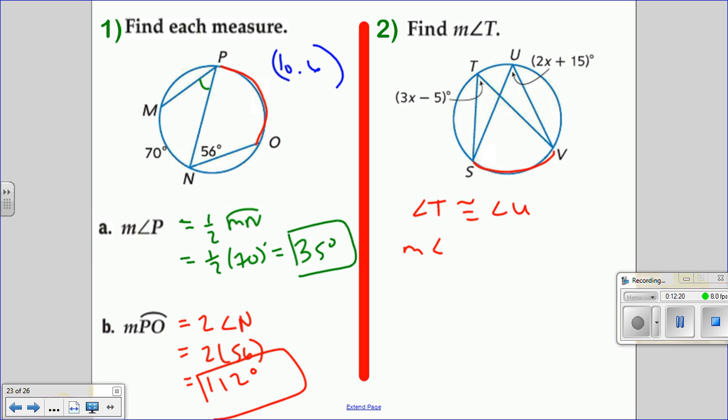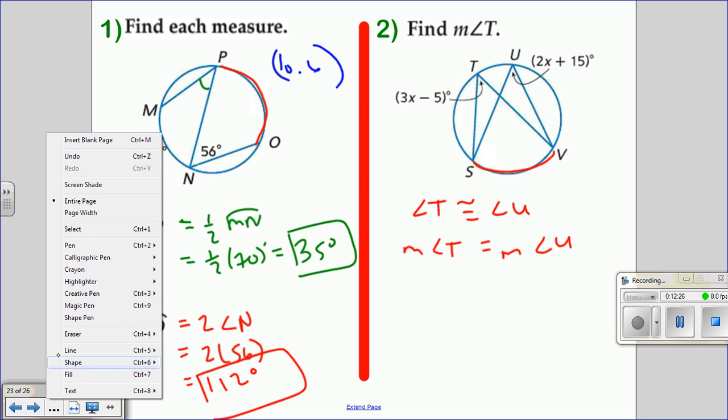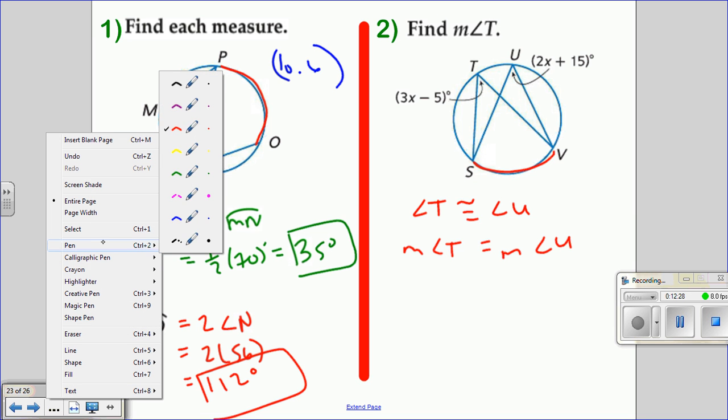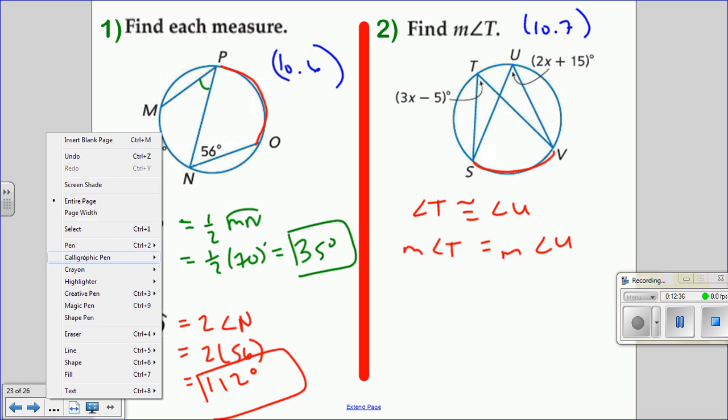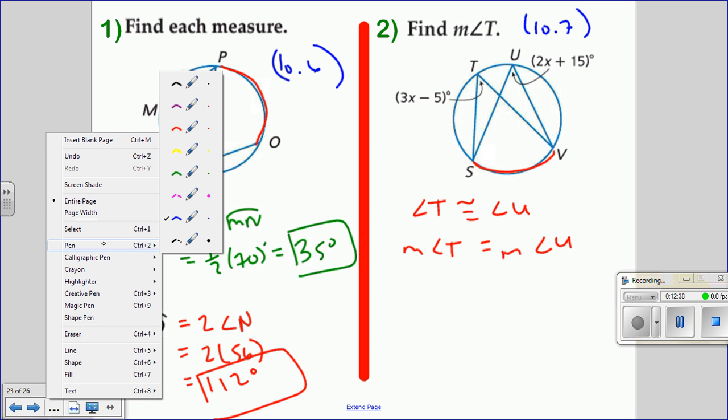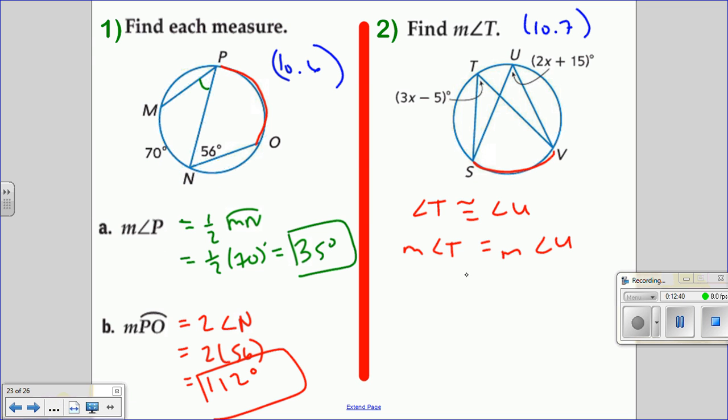The measure of angle T is equal to the measure of angle U. Since that is the case, we are using 10.7, and we'll use 10.7 to find x, which would then help us find the measure of angle T.